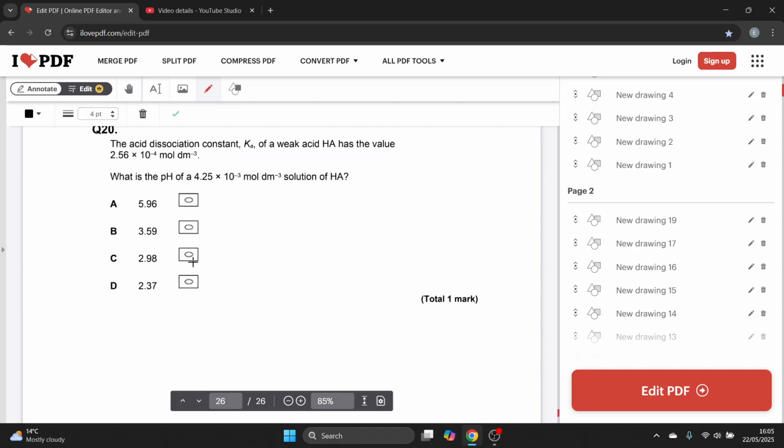Question 20. Alhamdulillah. The acid dissociation constant of weak acid has a value this. What is the pH of this much of HA? Alright, so I'm just gonna write down the Ka expression because I'm gonna be honest with you guys, I don't fully understand what's going on, which is fine. It says the Ka of this, so that's always the denominator.